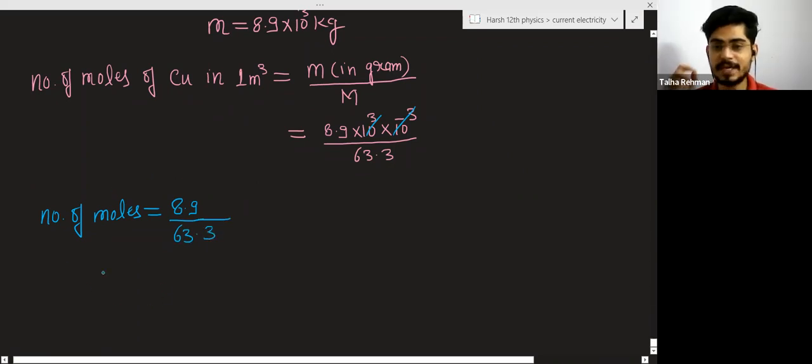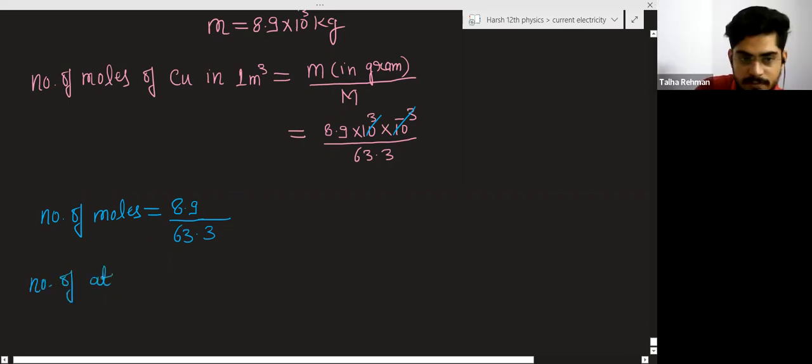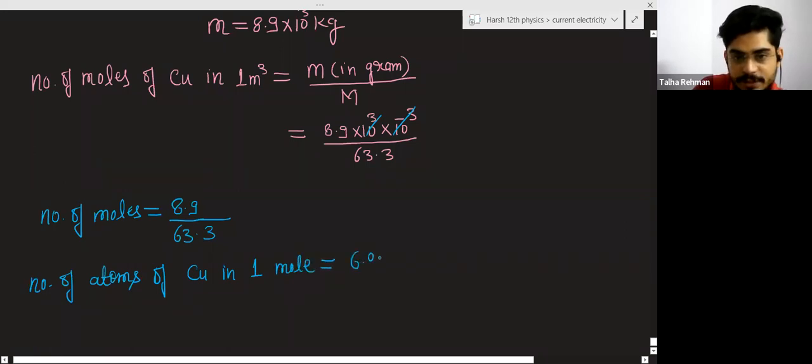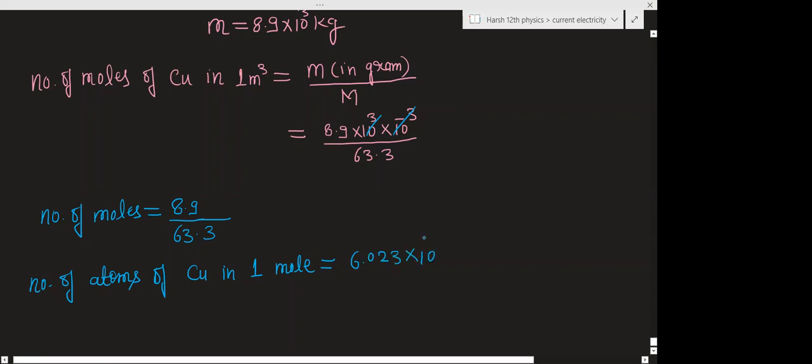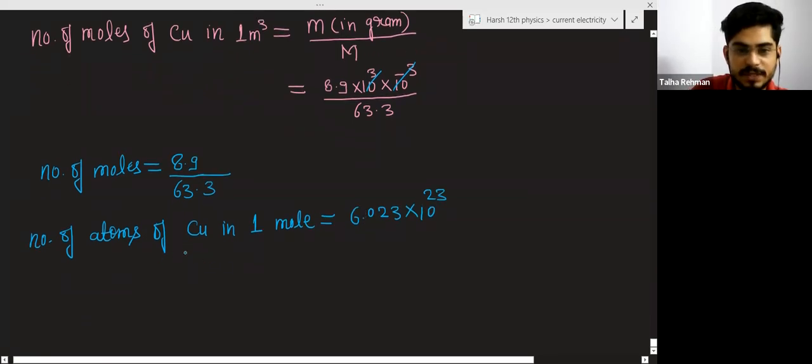We know that if we have 1 mole, then the number of atoms of copper in 1 mole is equal to 6.023 into 10 raised to 23, the Avogadro number, which is represented by N.